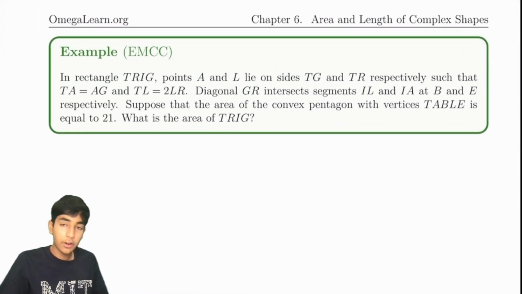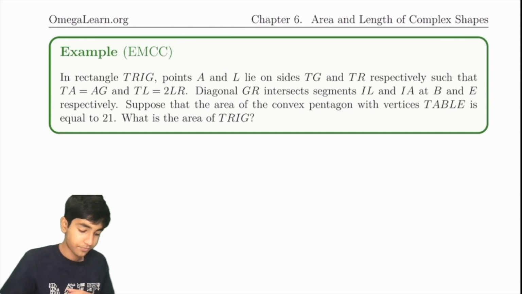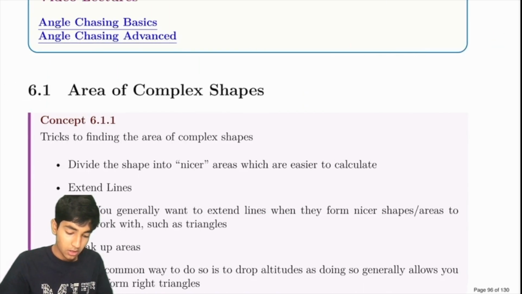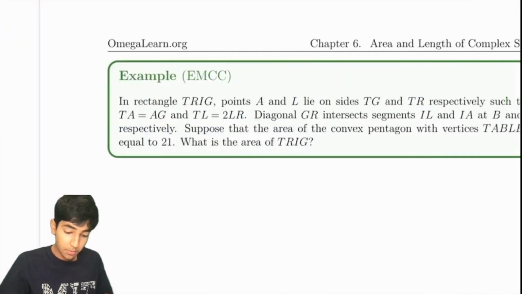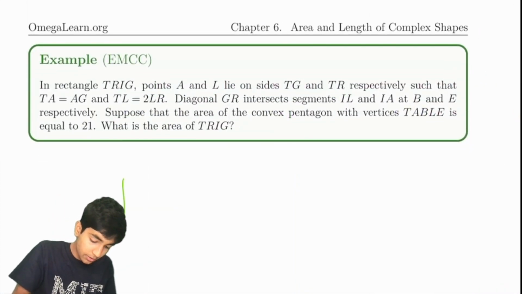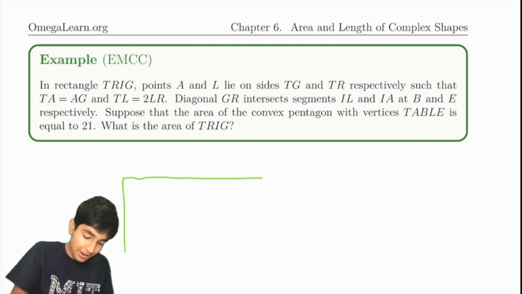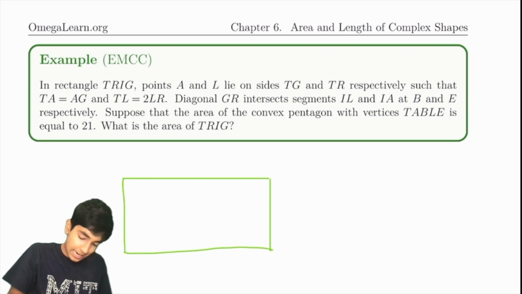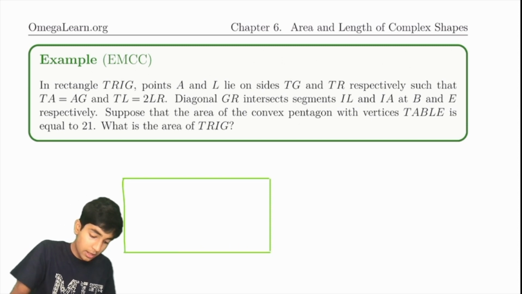Okay, let's try one more example of this. In rectangle TRIG, don't worry, we're not doing trig here. We're just doing geometry. We've got a nice little rectangle called TRIG, and it's just a name of the rectangle, T-R-I-G.